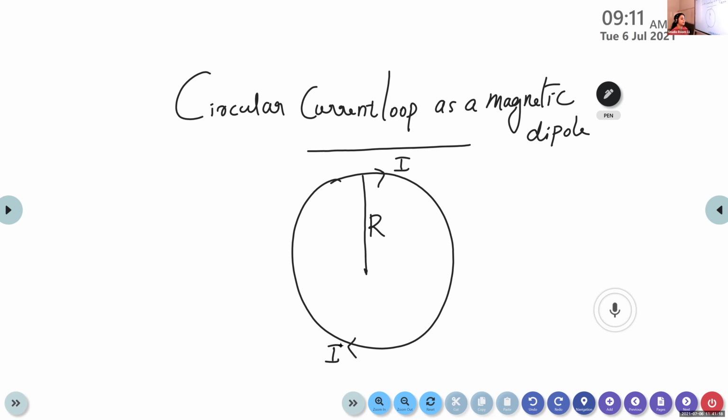Let P be a point inside this magnetic field, and it is at a distance of x from the center of the loop.